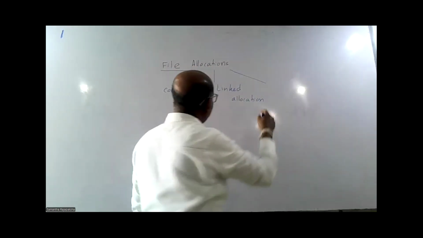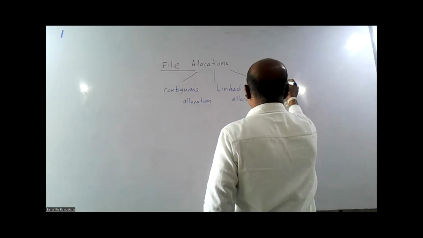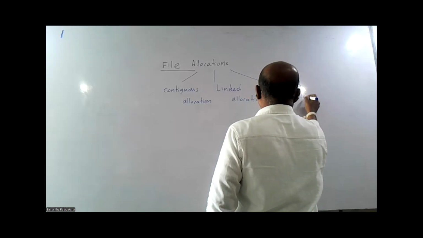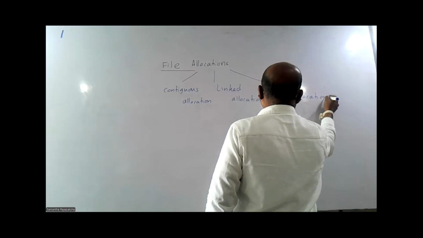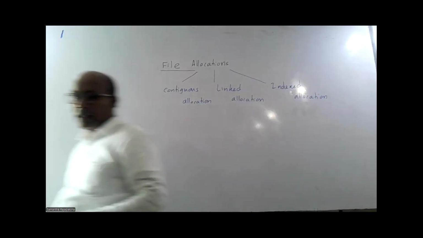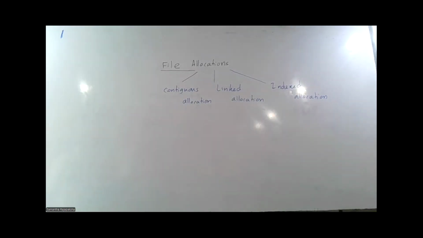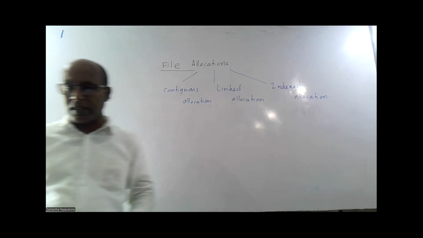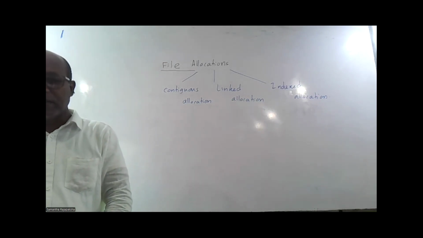The other one is the index allocation. Those are the 3 allocation strategies: contiguous allocation, linked allocation, and index allocation. So there are 3 allocation methods.